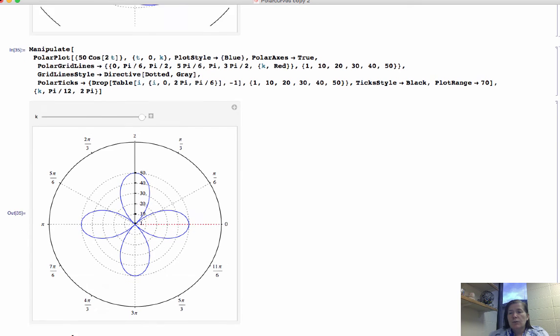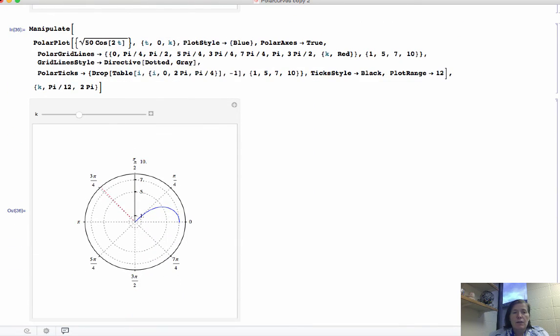And the actual graph you have to talk about on your homework is the graph of r equals the square root of 50 times cosine 2 theta. And you see that the square root of 50 times cosine 2 theta doesn't exist for values of theta between pi over 4 and 3 pi over 4, and this is because 50 times cosine 2 theta is negative in that interval.